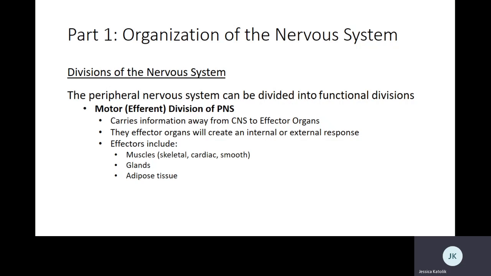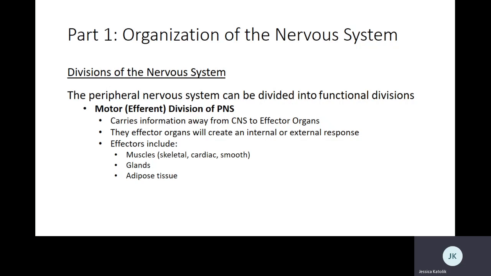They are both called afferent, but to make it easier to detect, I call the sensory division afferent with an A, and the motor division efferent with an E. So FYI, I'm saying it wrong on purpose.